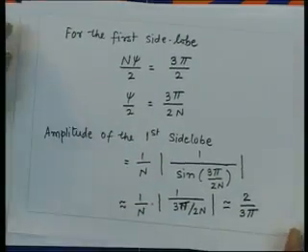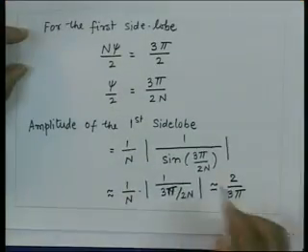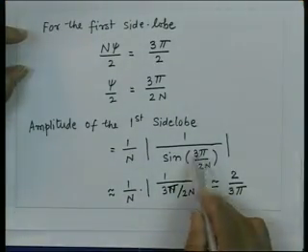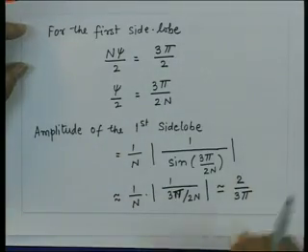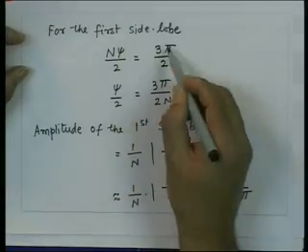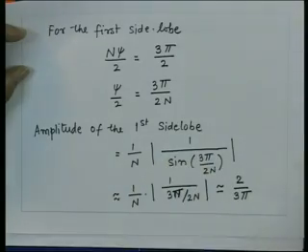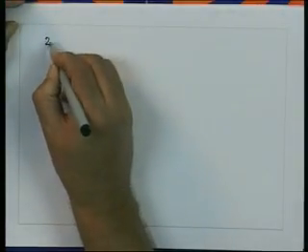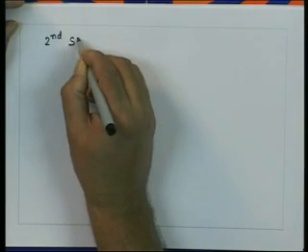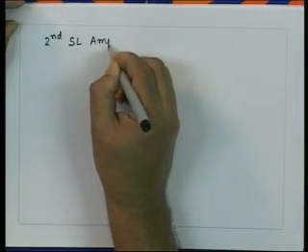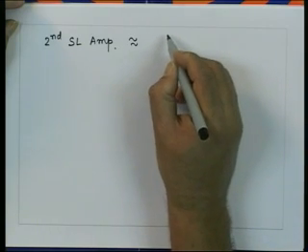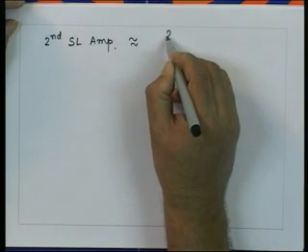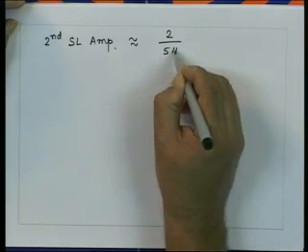If I go to the second side lobe, that would correspond to this angle which is 5 pi by 2. So, n psi by 2, if I take 5 pi by 2, that will give me the second side lobe. If I take that equal to 7 pi by 2, that will give me the third side lobe and so on. So, I have here the second side lobe amplitude which is approximately 2 upon 5 pi.